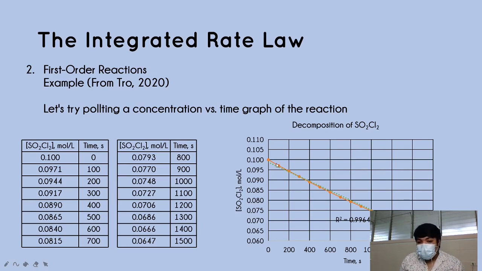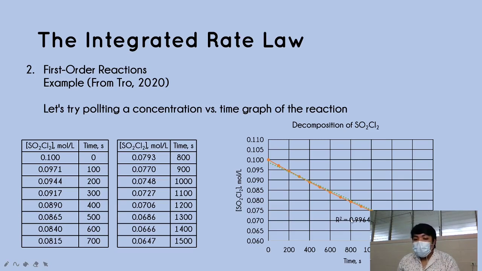Now, if you see it here, it is not quite linear. So we trace a trend line here, or if we average these data to form a straight line, it would look like this. And this r squared is the coefficient of linear regression.